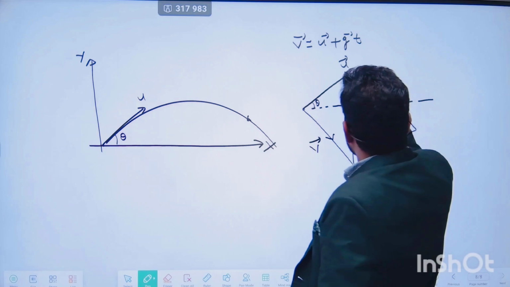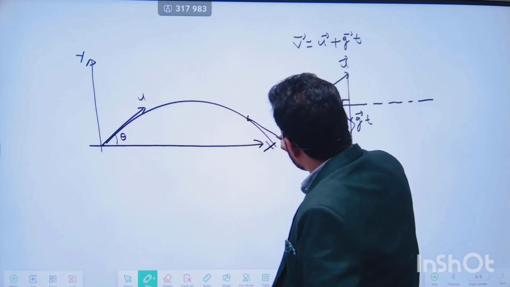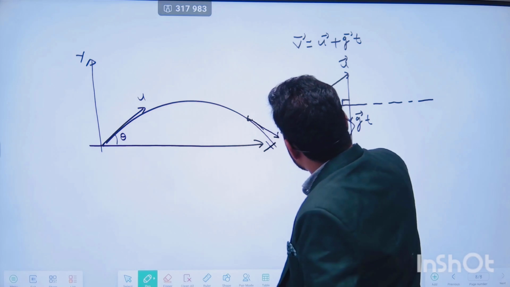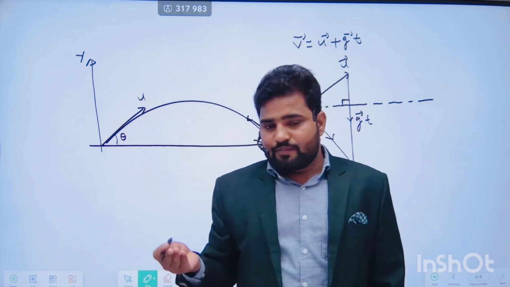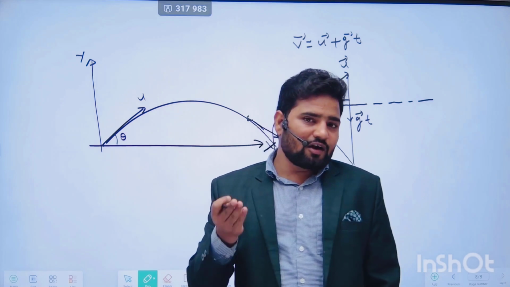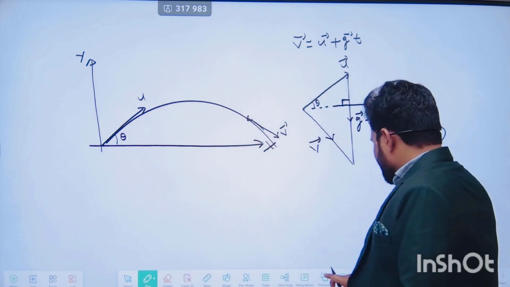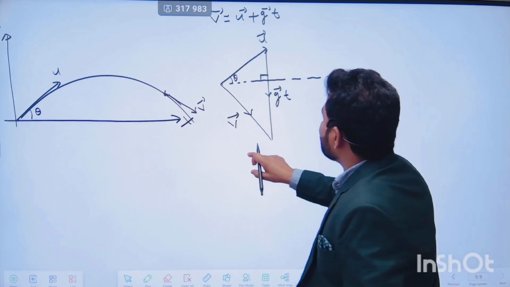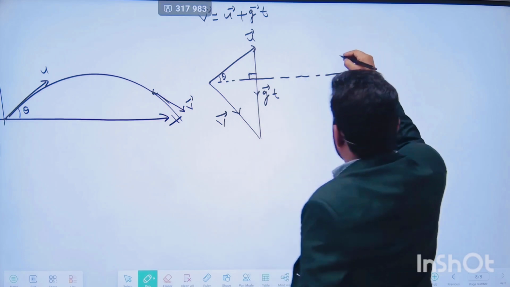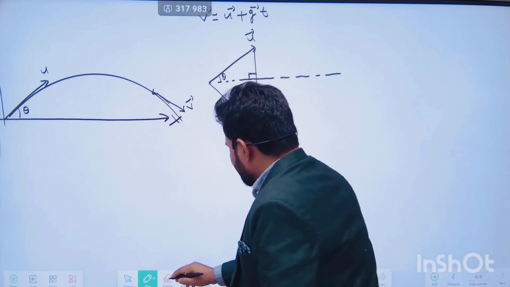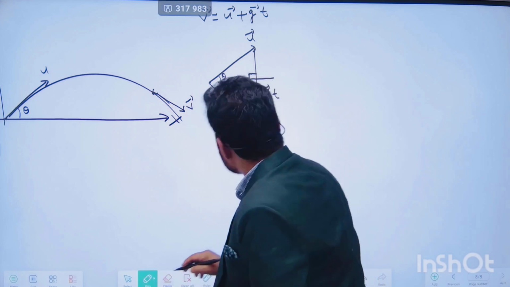If these two velocities are perpendicular, we know very well from the vector chapter that if two vectors are perpendicular, then the dot product of these two vectors must be 0.